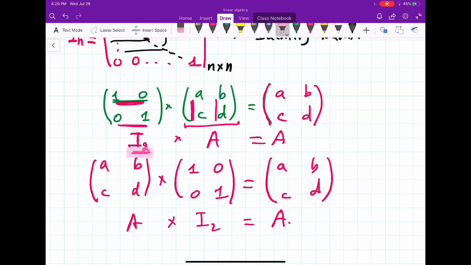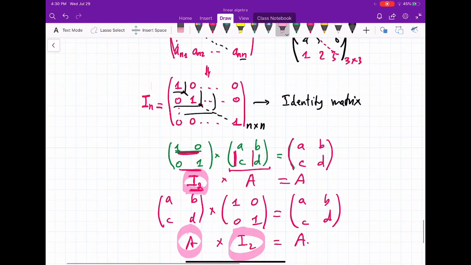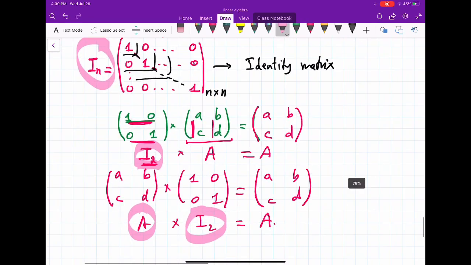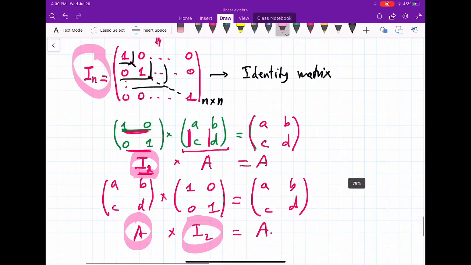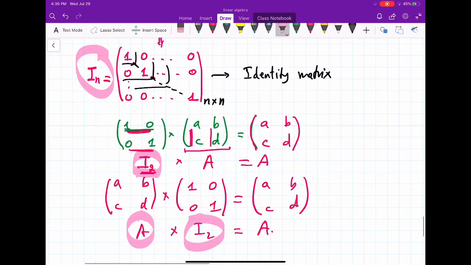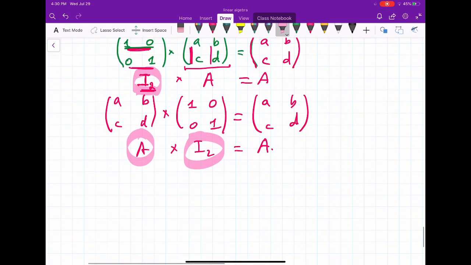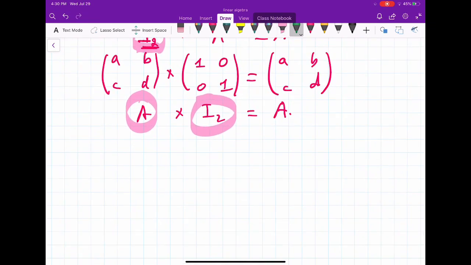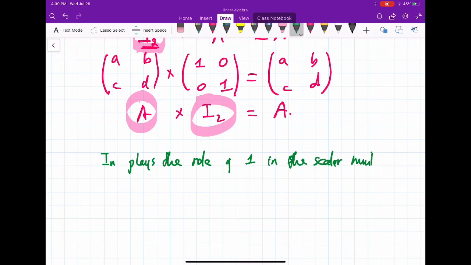You will see I2, or in general In, plays the role of 1 in scalar multiplication. Okay, so I can write a sentence in here. In plays the role of 1 in the scalar multiplication.